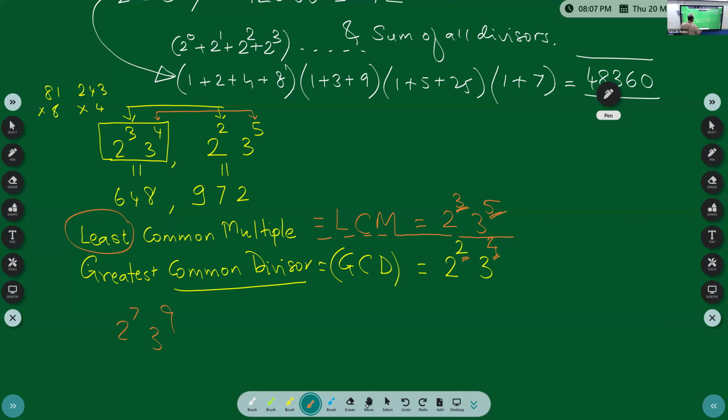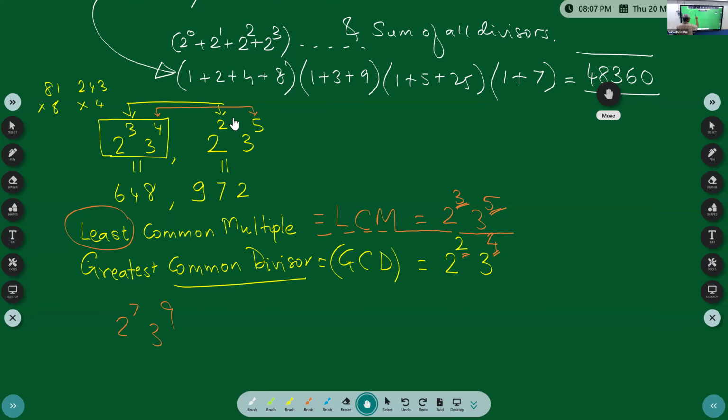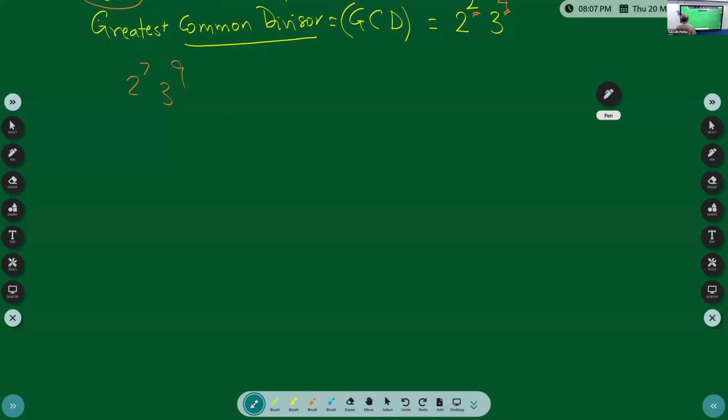So what will you do in this case if we want to find out GCD and LCM? I will not give you a chance to prime factorize. Let me give it to you. 5 raised to 3, 7 raised to 5, 11 raised to 2 is the first number.